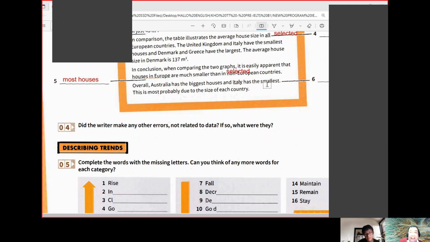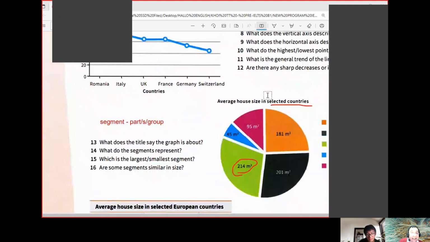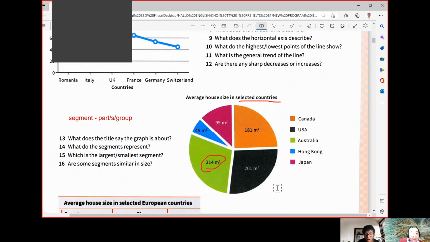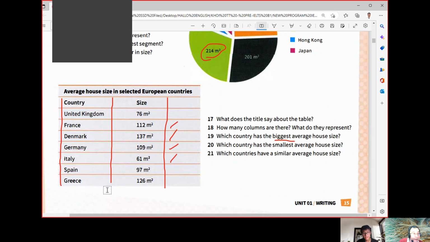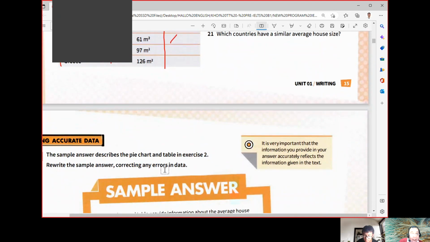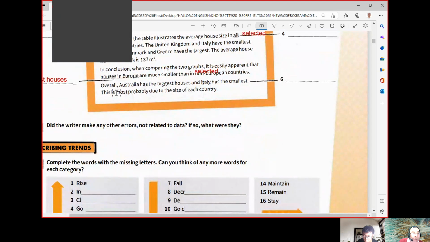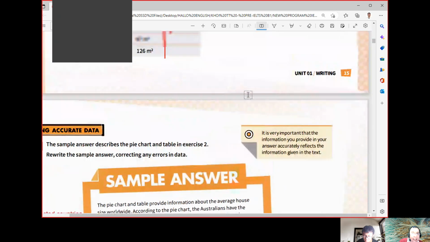And actually, the smallest is in the table, Italy. Wait, what? Australia has the biggest houses and Italy has the smallest.